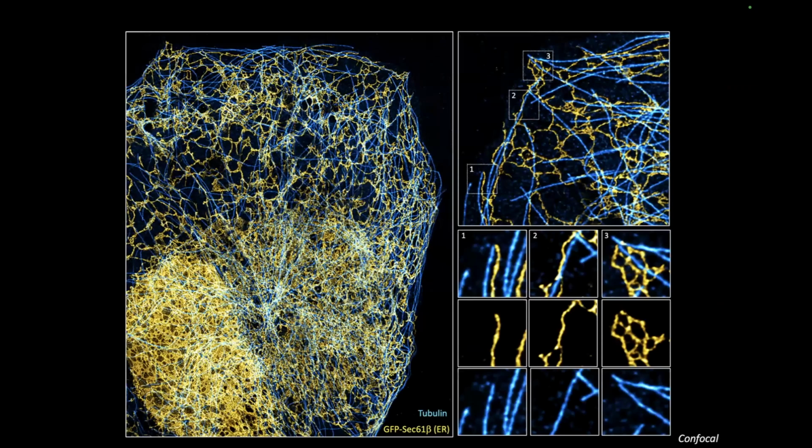Then when I mentioned that we could catch dynamic events somehow, I meant that we could look at the relationship or the communication between the ER and the microtubule. And we know that it has been published using live imaging that the contact site between these two organelles is extremely dynamic.